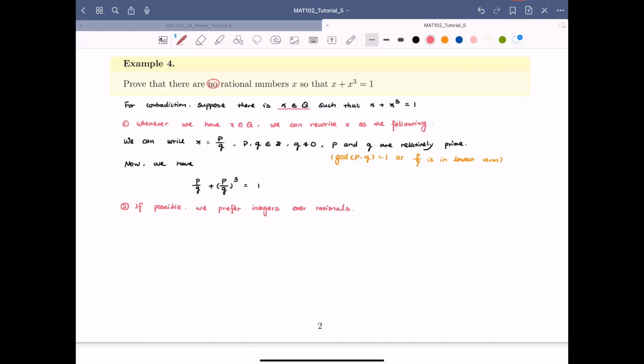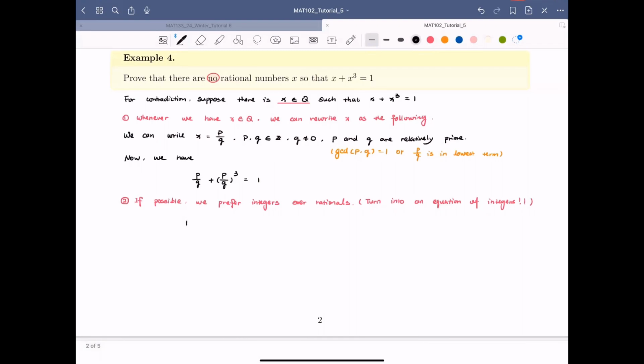What does that mean? It means that, if possible, I want to turn this whole thing into an equation of integers instead of an equation of rationals or fractions. So because I want to deal with integers instead of rationals, I'm going to multiply by q cubed on both sides of the equation.